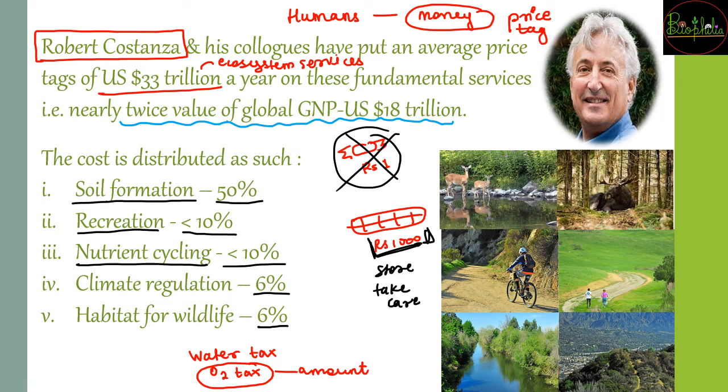So that was the concept given by Robert Constanza, that once you are given a price tag for the services, you are going to use it wisely, and for that reason he had given a price tag to the ecological services.